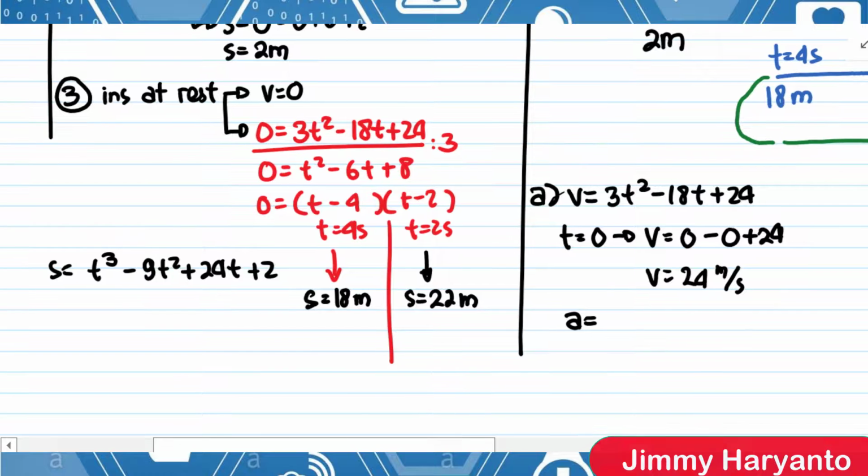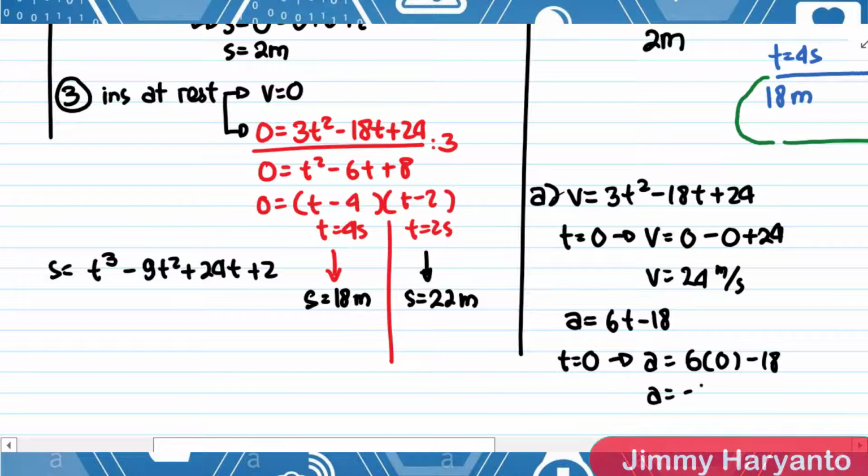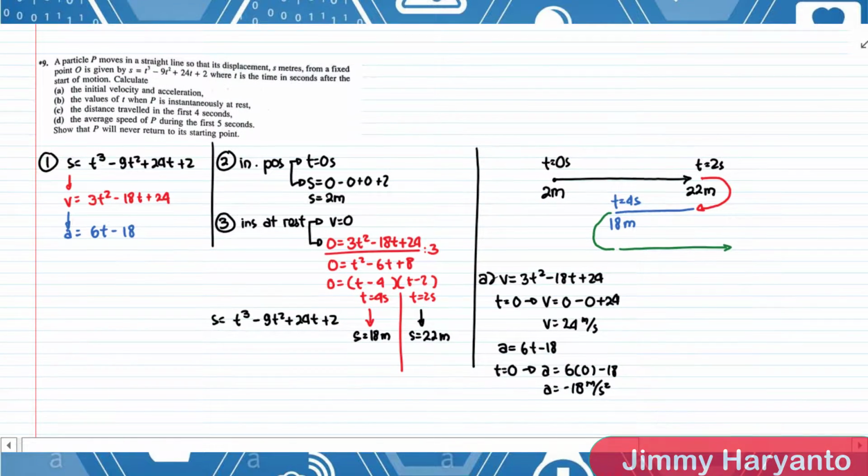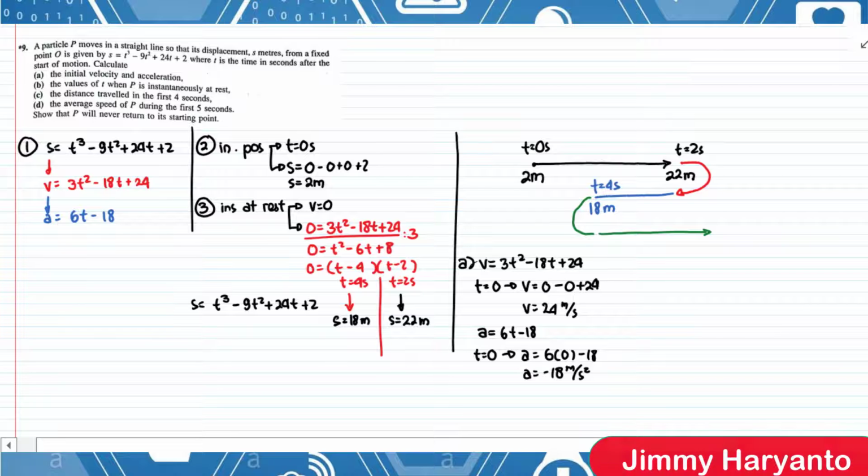Acceleration is 6t minus 18, so you put t equals 0 because the question wants the initial acceleration. 6 times 0 minus 18, so the acceleration is negative 18 meters per second squared. There is no word magnitude in the question, so you don't have to make it positive.